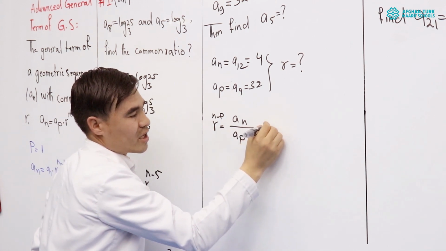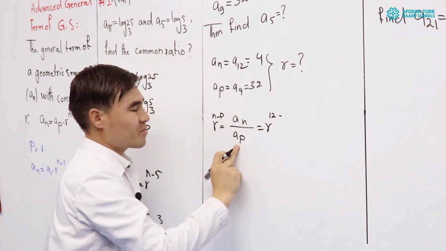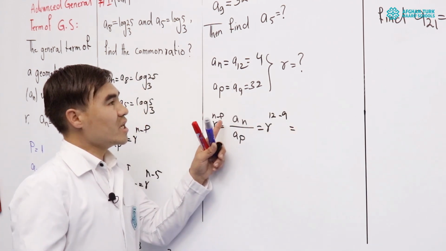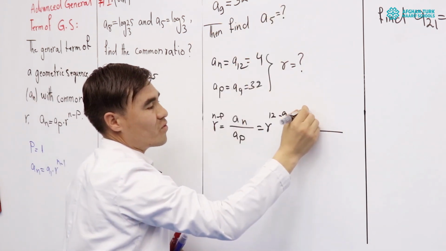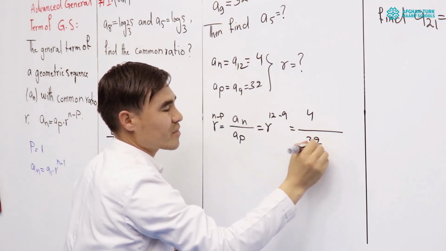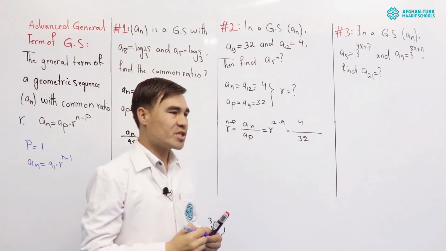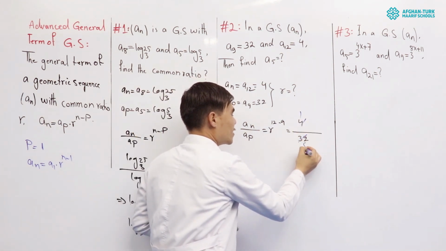Here n is the number 12 and p is the number 9, so a_n is the number 4 over a_p, which is 32. When I simplify 4 over 32, I will have 1 over 8, dividing both by 4.